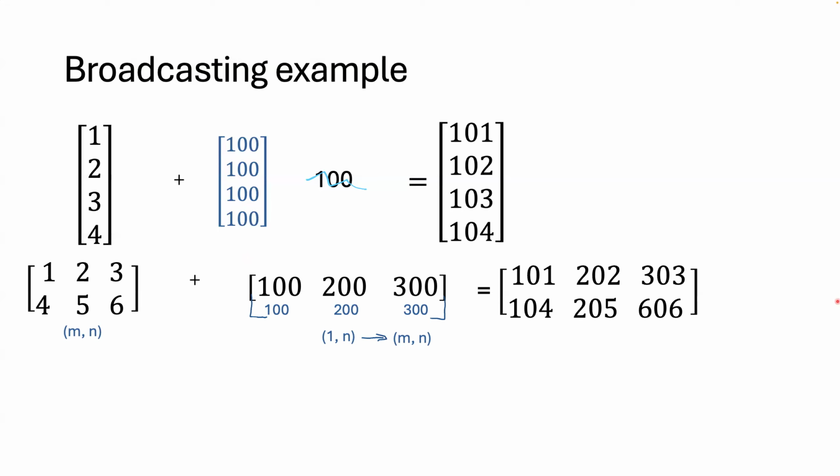Here you take your column and add 100 to the first column. As you can see, all of the first column is added by 100, all of the second column is added by 200, and the third is added by 300. This should be 306 actually, not 606. Let me fix it. It should be 306.